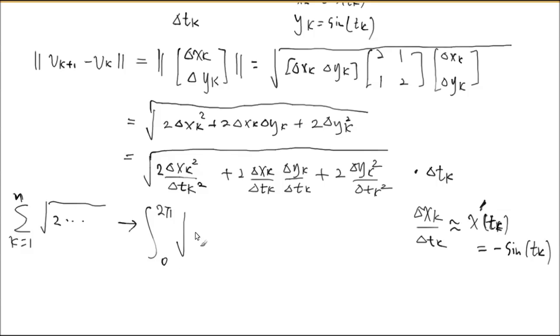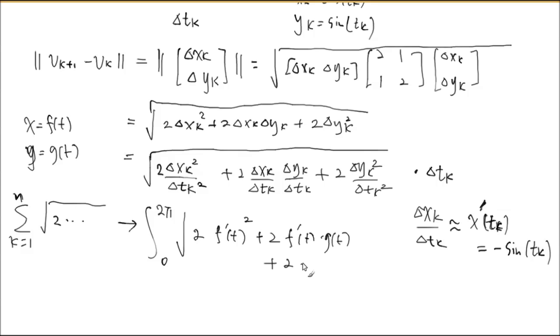This one is replaced by now, if I call that x is given by f of t in general, and y is given by g of t, which is cosine and sine I already mentioned, then here's 2 times f prime of t squared, and 2 times f prime of t g prime of t plus 2 times g prime of t squared. And there is this delta tk becomes dt outside.